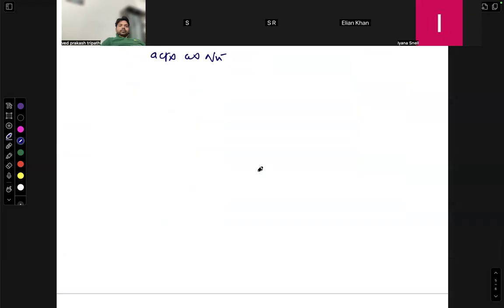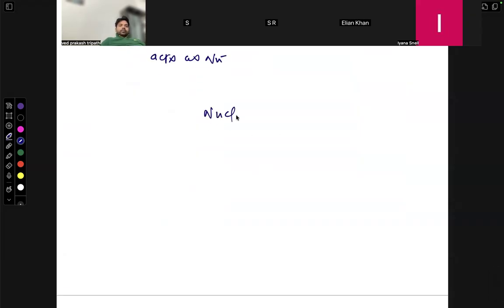Perfect. Now there is a term called nucleophilicity. Nucleophilicity is like strength of nucleophile. This is strength of nucleophile. And this is a very, very important topic in DAT.